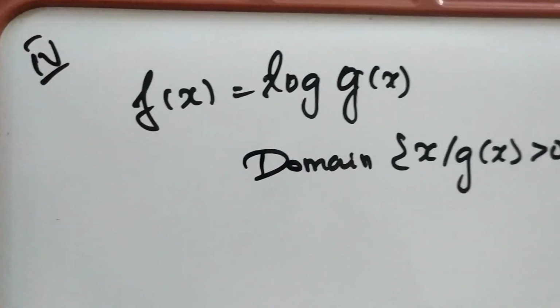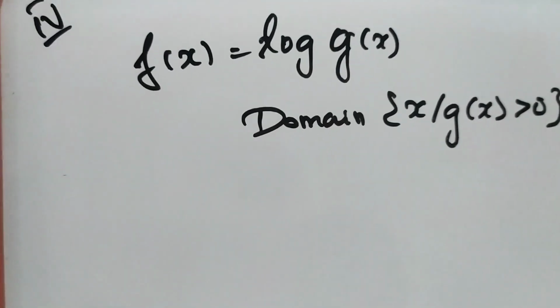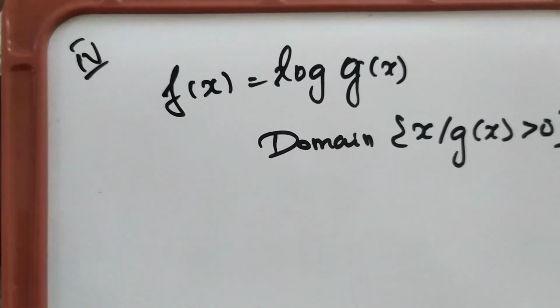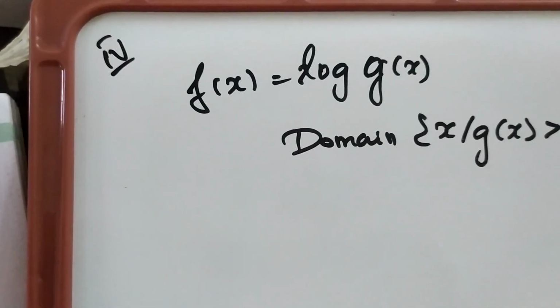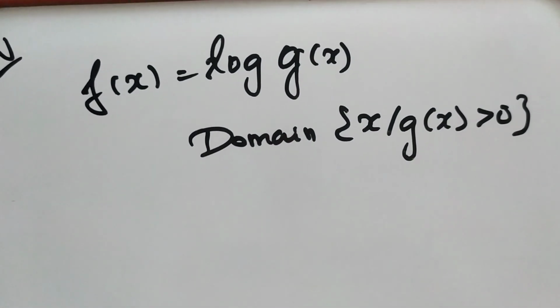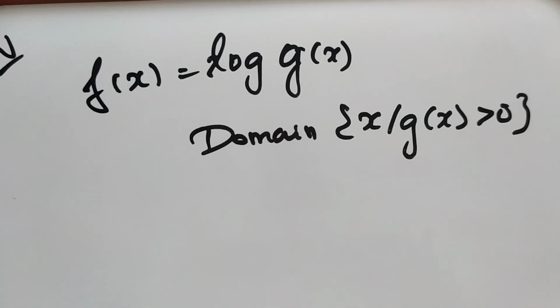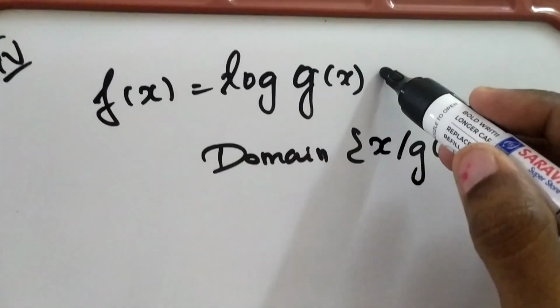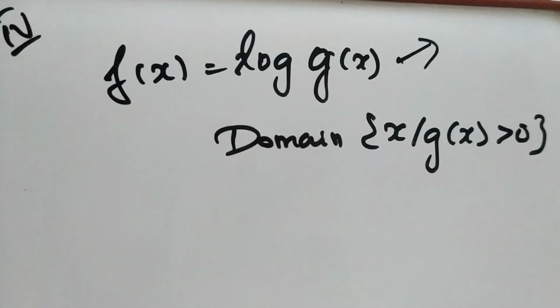Understood? Suppose the function f of x is log of g of x. Then the domain will be the set of all x such that g of x should be greater than 0. Okay, this is a function, no? So here this function should be greater than 0, right? Understood?